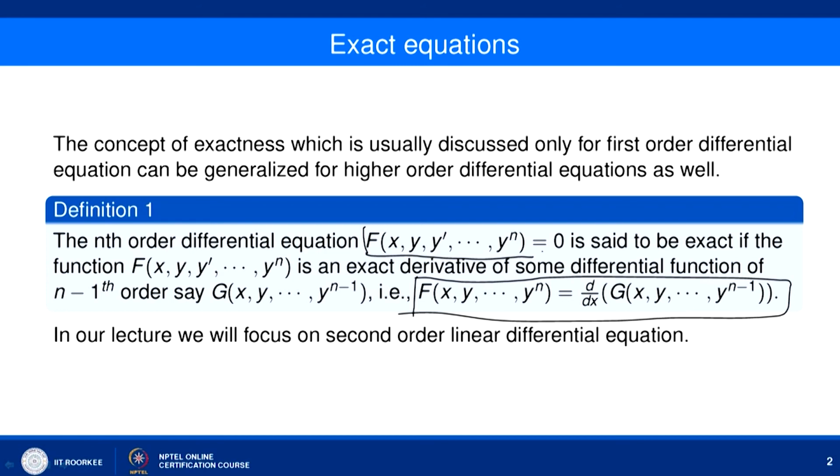In our lectures we will discuss only second order. This is a general definition which is applicable for any order greater than or equal to 1, but in particular we will discuss only second order in this lecture.